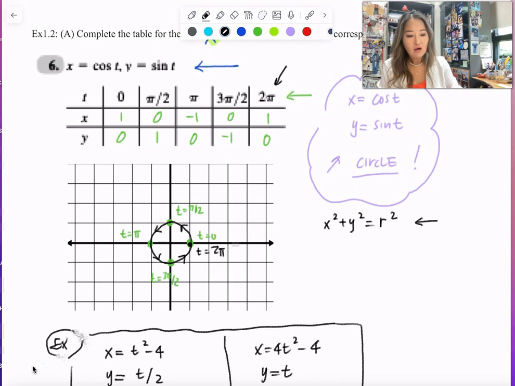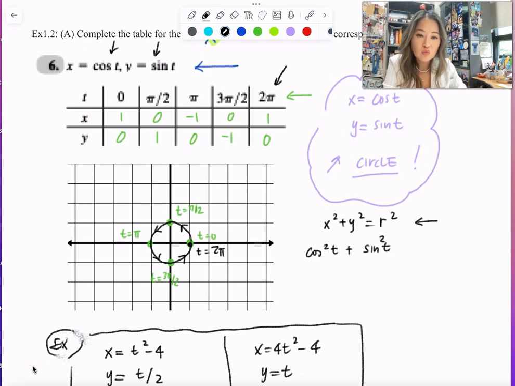But you also learned something here. In our case, here's our x and here's our y, right? Isn't our x cosine t, so x squared is cosine squared t? And our y is sine t, but it's squared, so it's sine squared t. And what's our radius? It's 1, so 1 squared.